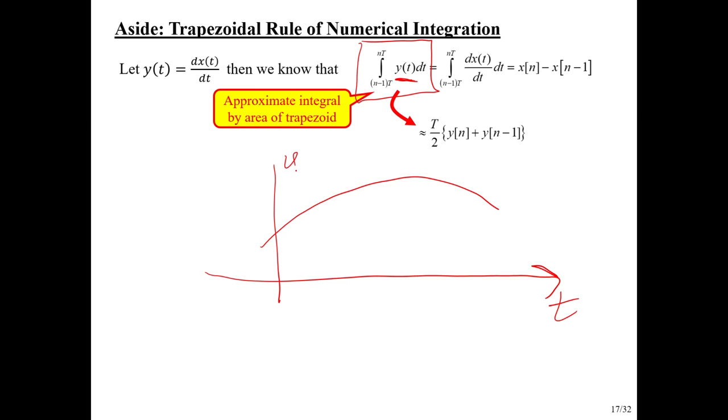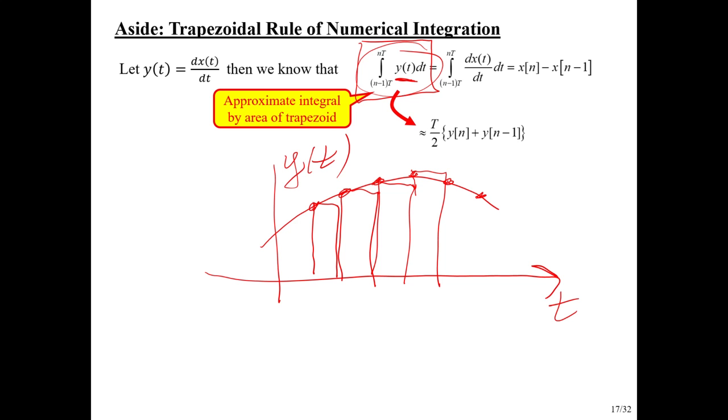Here's y of t. And we have a bunch of points on this. So in your calculus class, the first thing you learned about doing a definite integral like this was you said, well, let's make little rectangles. And that was sufficient for defining what the integral was.